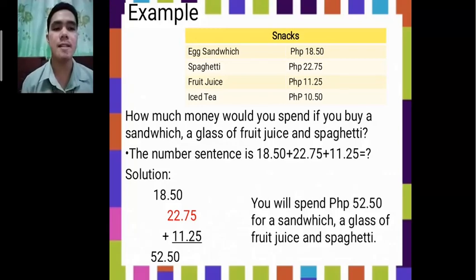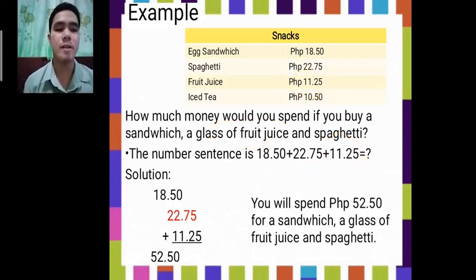So the number sentence is, we have a sandwich that is 18.50 plus, since we are asked to find the total amount of money you're going to spend, then spaghetti is 22.75 and fruit juice is 11.25 pesos.